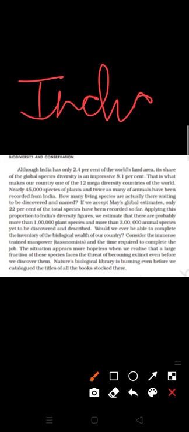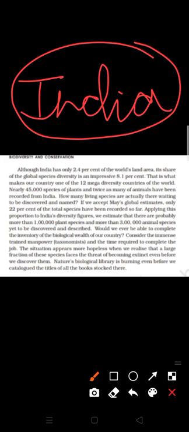If you remember, in our last class we discussed that India is known as a megadiversity country. Why? In the whole world 12 megadiversity countries are present, and India is one of them. In India especially, 45,000 species of plants and twice as many animals have been recorded.